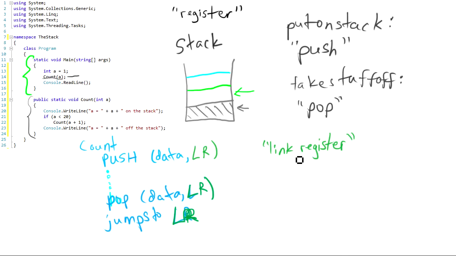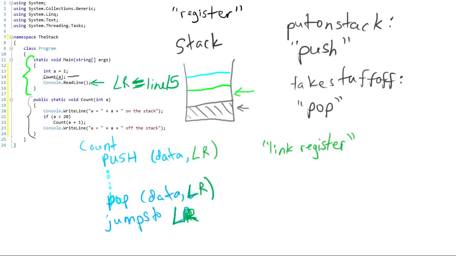When you call a method, the link register actually holds the line number of the very next statement that you need to perform when you return. So in our case, the first time we call count, the link register holds line 15.